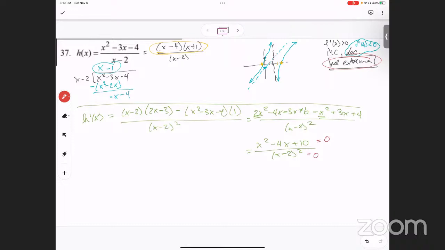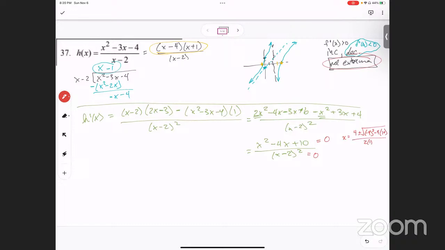You set each one of those equal to 0, basically. So setting the numerator equal to 0, I'm going to have to use the quadratic formula. Remember this? x equals the opposite of b, which is positive 4, plus or minus the square root of b squared minus 4a c, where a is 1 and c is 10, all over 2a, which is 1.